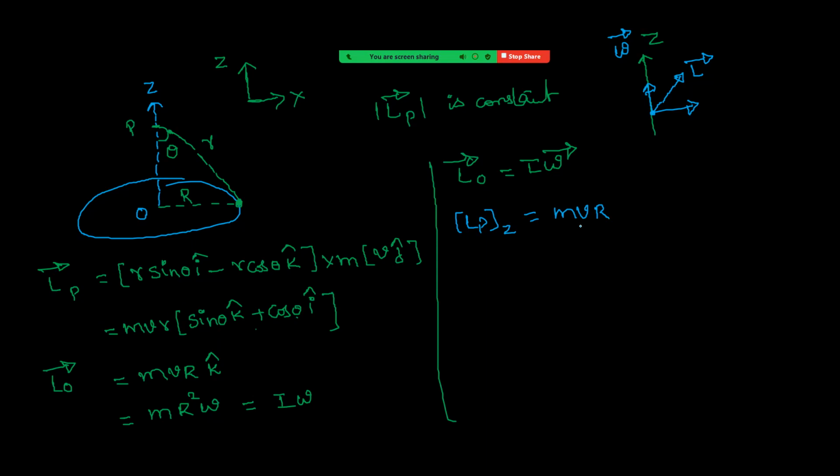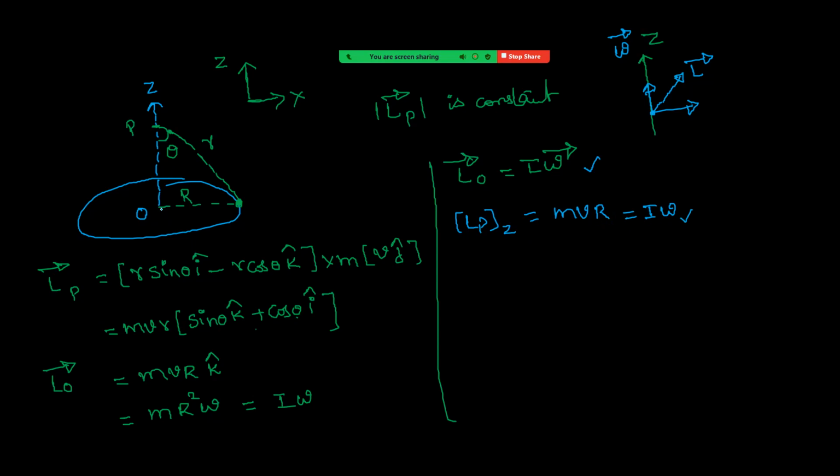That is m into v into r. That means I can write this Z component as I into omega, Z component. This is only a component, okay, not a vector. But here it is L bar equal to I omega bar. Okay. These points we have to keep in mind.